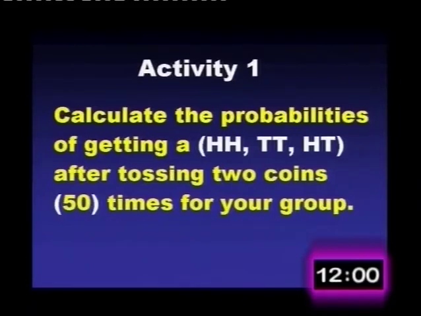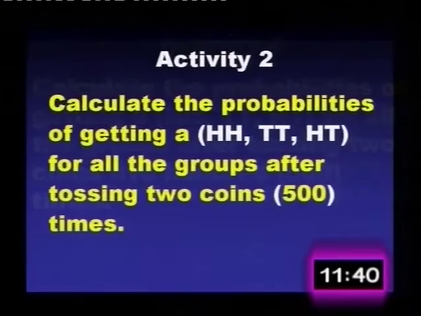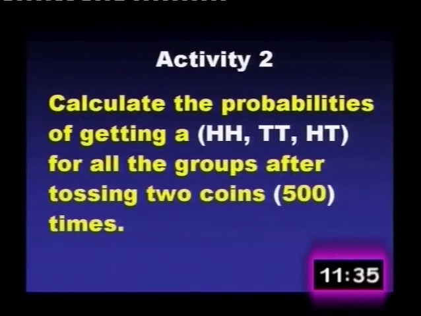Our activity 2, calculate the probabilities of getting a head-head, tail-tail, head-tail for all the groups after tossing 2 coins 500 times. Remember, we haven't tossed the coins for 500 times, but we assume that all those tosses that the groups have made, we combine them together.